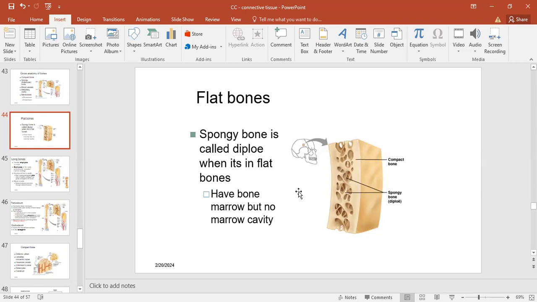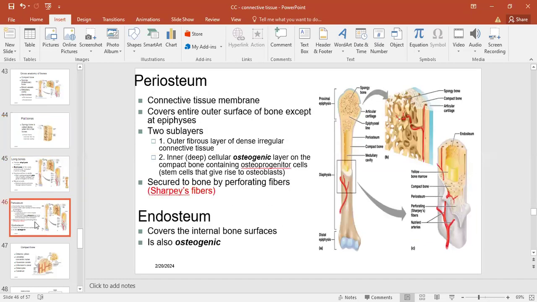Okay, so we are saying that in the diploë we're going to find bone marrow, but there will be no bone cavity. So this is how the flat bones are made. All right.